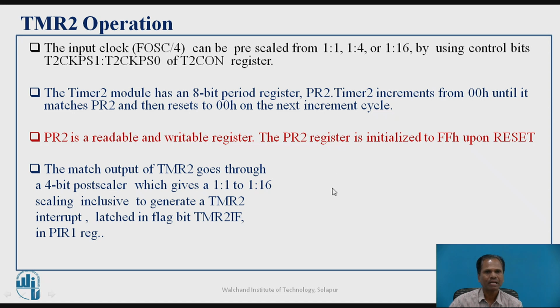So whenever a match occurs, the signal is passed through postscaler, and to generate a timer 2 interrupt, it is latched in the flag bit TMR2IF, timer 2 interrupt flag, in PIR1 register, peripheral interrupt register 1. So the interrupt status bit TMR2IF is set.